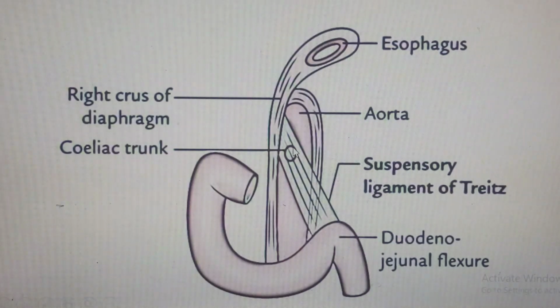Remember that this suspensory ligament of Treves helps us distinguish the upper GIT: anything above this ligament is upper GIT, and anything below is lower GIT. So attaching superiorly is up to the diaphragm.